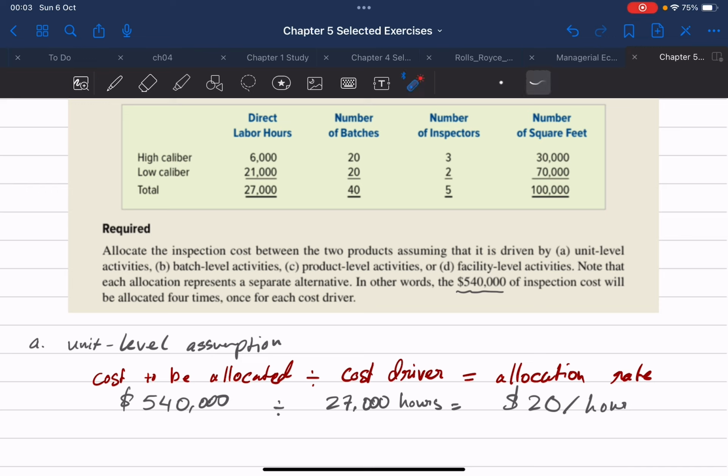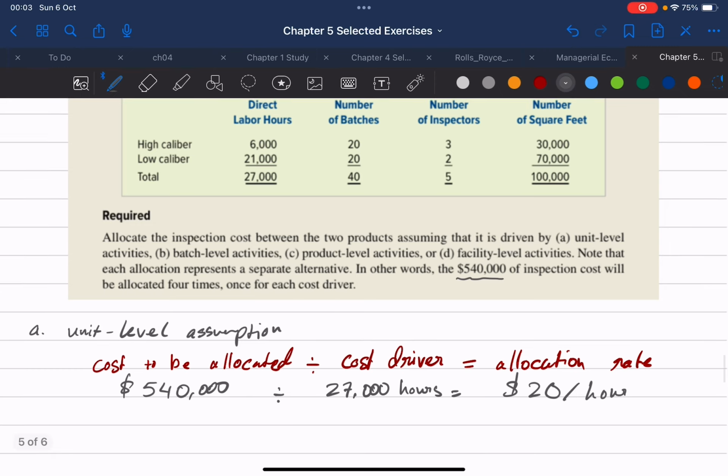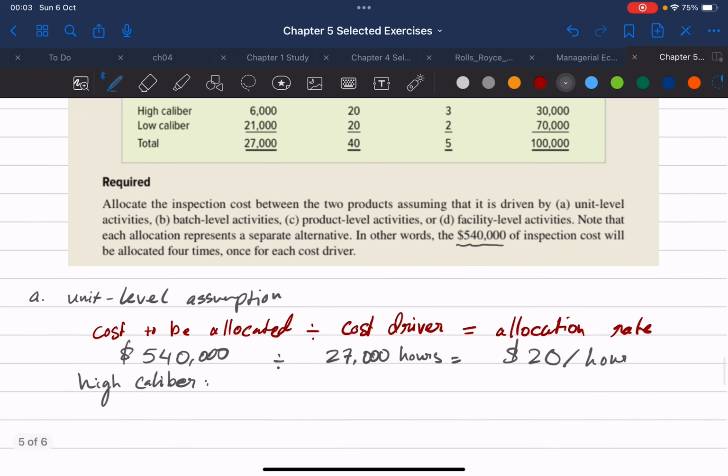our calibers. Remember, we have high caliber and low caliber. Okay, so we'll calculate the overhead total cost for each of these products. Let's start with the high caliber. Okay.